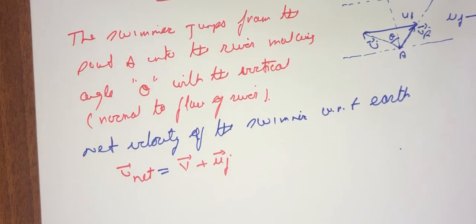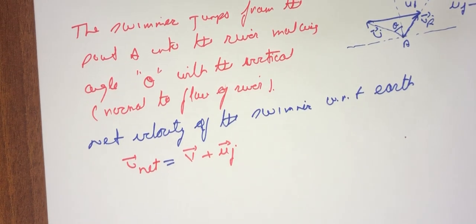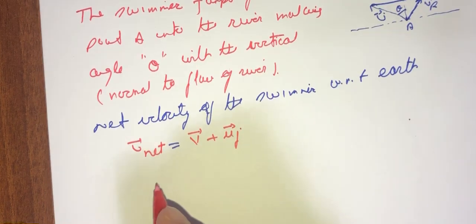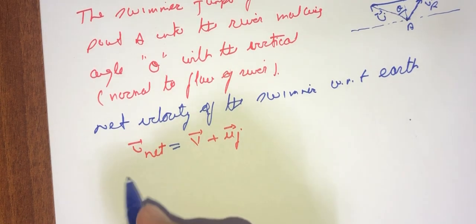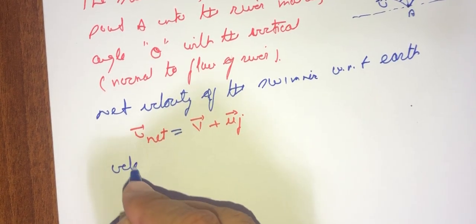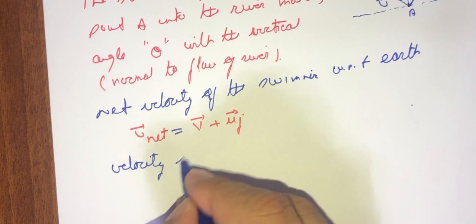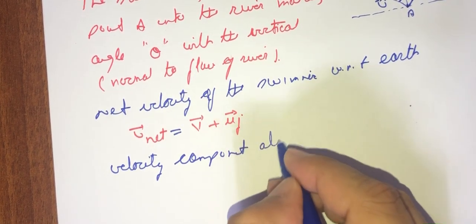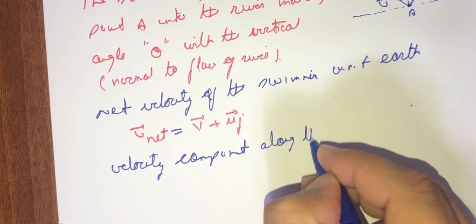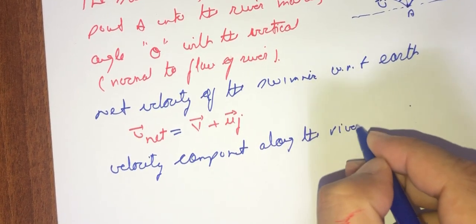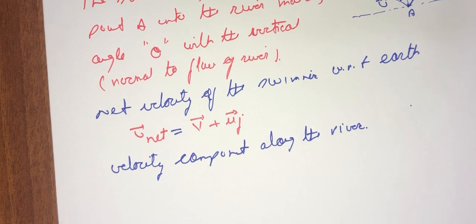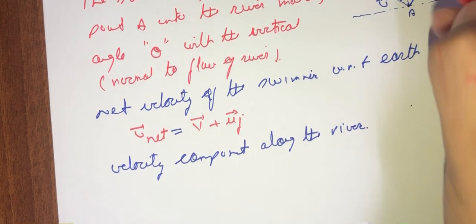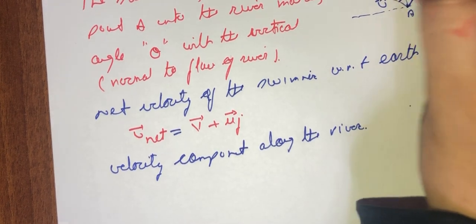Now we can find out the components like we did in the first part, the velocity component along the river. Let us say this is our x direction and this is our y direction.